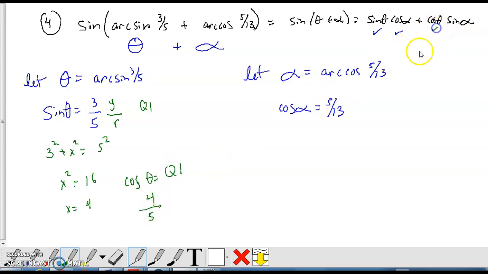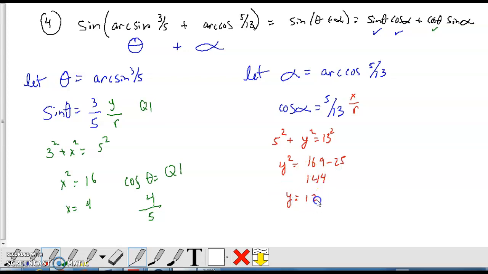So again, I have this guy now. Over here, I'm going to do the same exact thing. It's hard to see that this was a 5, so I'm going to rewrite that. There we go. So again, here is my x over r. So again, 5 squared plus y squared is equal to 13 squared. So really, this is 169 minus 25, so 144.